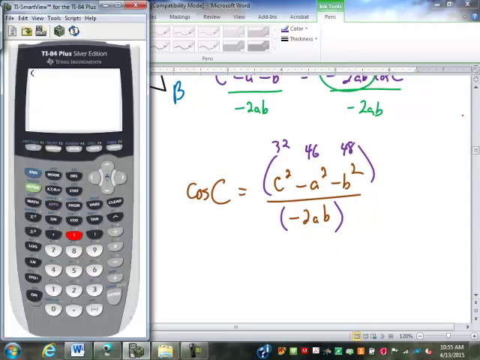So for this triangle, it's going to be 32 squared minus 46 squared minus 48 squared, close my parentheses, divided by, and I have to open my parentheses again, now for the negative, make sure you don't use the subtraction, use the negative down here. Negative 2 times a is 46 times b is 48. Close my parentheses again, and I hit equals.